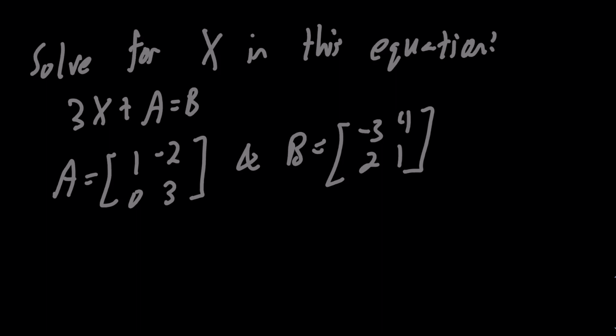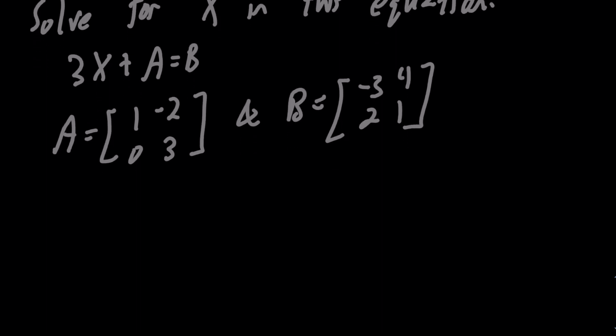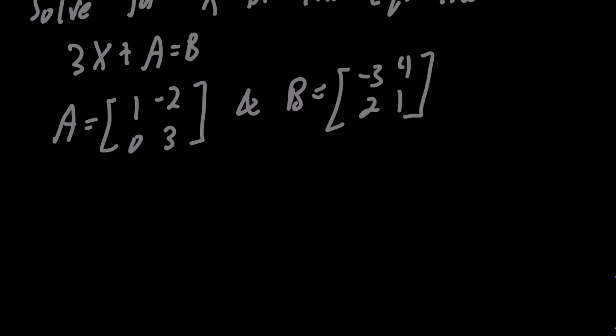If you were to say we solve for x given the equation, you'd be correct. In this case, we subtract A on both sides, and we divide by 3 for both sides to isolate x. Therefore, we get x is equal to 1/3 times B minus A.